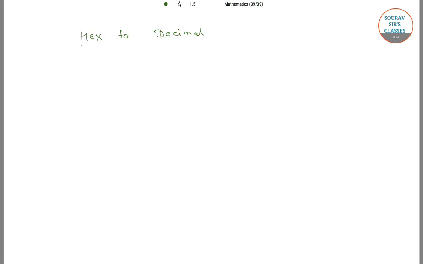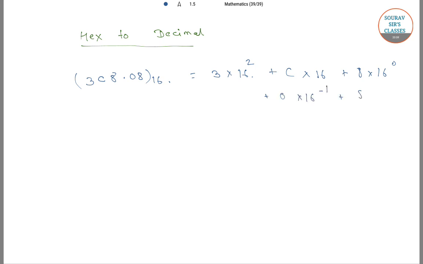Next is the conversion of hexadecimal to decimal. Suppose the hexadecimal number is 3C8.08. We have to convert this to decimal. This equals 3 into 16 squared plus C into 16 plus 8 into 16 raised to the power 0 plus 0 into 16 raised to the power minus 1 plus 8 into 16 raised to the power minus 2. Now we know that C base 16 equals 12 base 10.